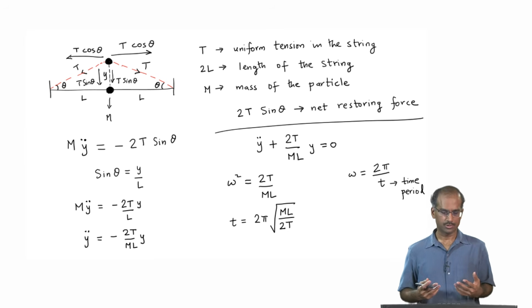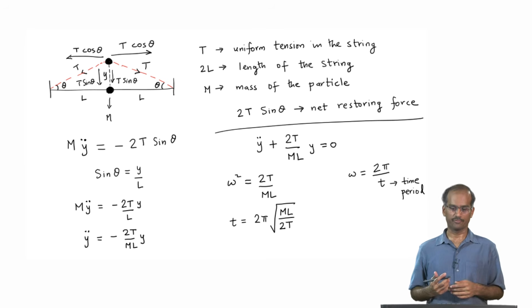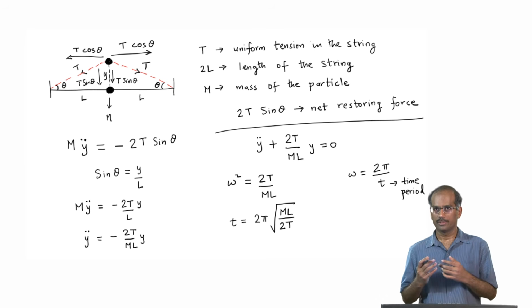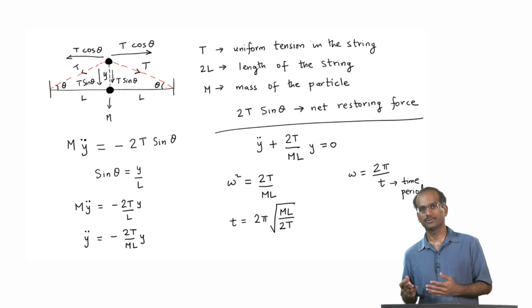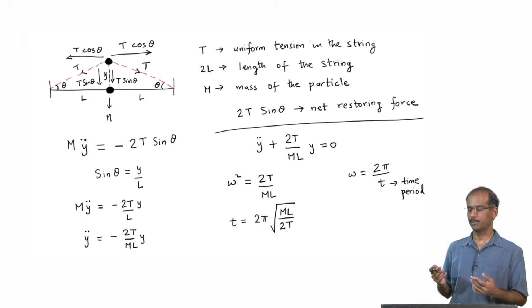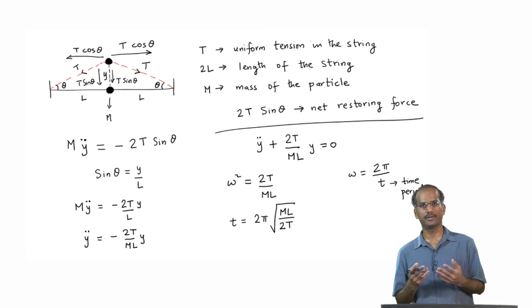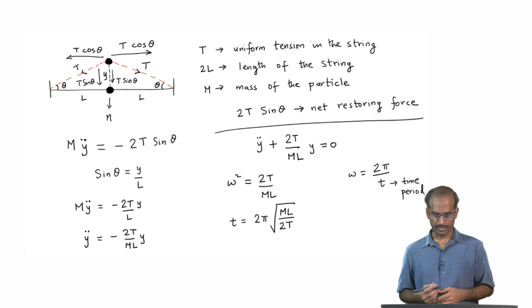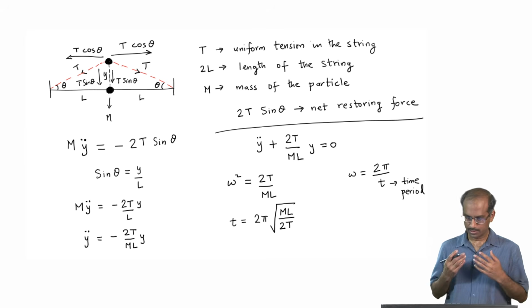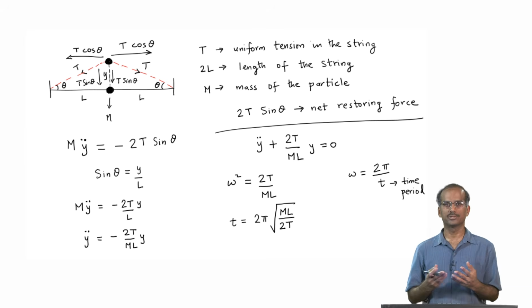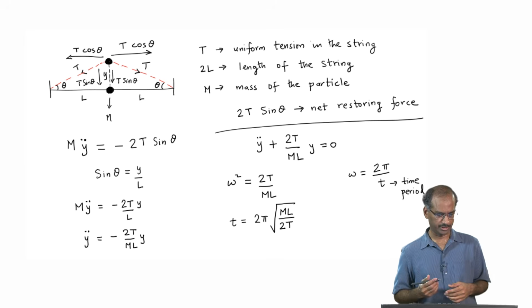Once you identify the restoring force, you write the equation of motion, and once the equation of motion is in the standard form corresponding to simple harmonic motion, directly you can identify the angular frequency, from where we can write down the time period. So, this recipe can be followed for most of the simple problems of this type.